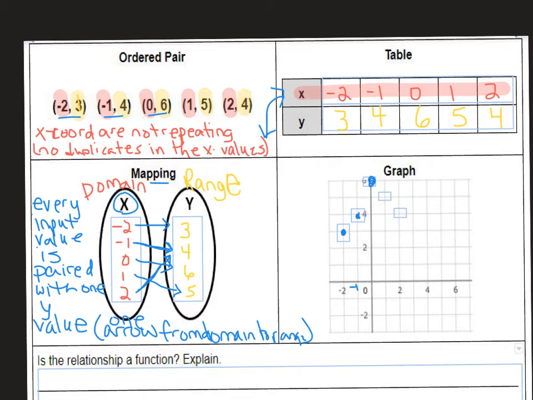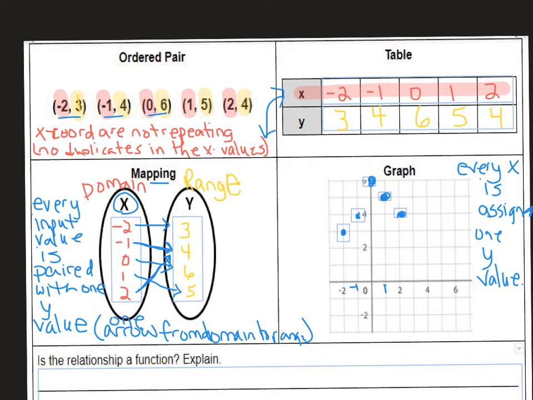Go ahead and plot your ordered pairs. 1 is being paired with 5, and 2 is being paired with 4. So again, every x is assigned one y value.